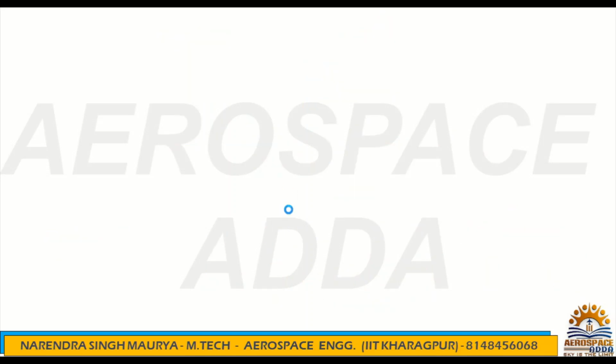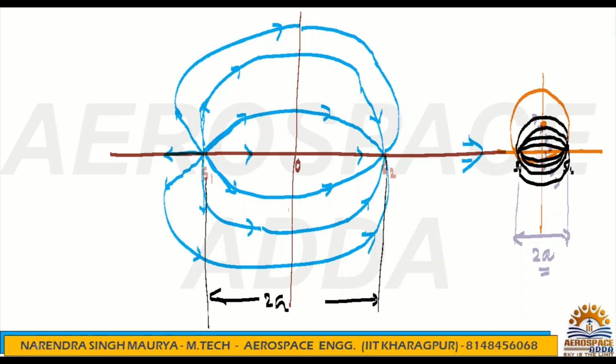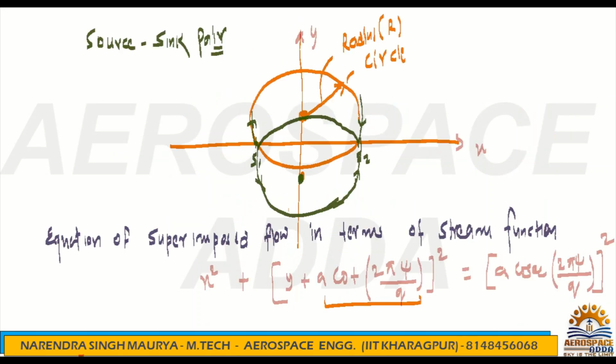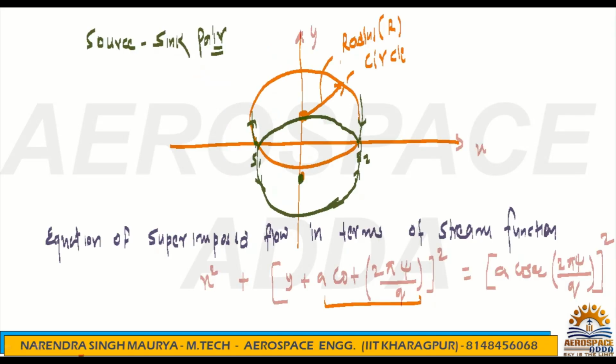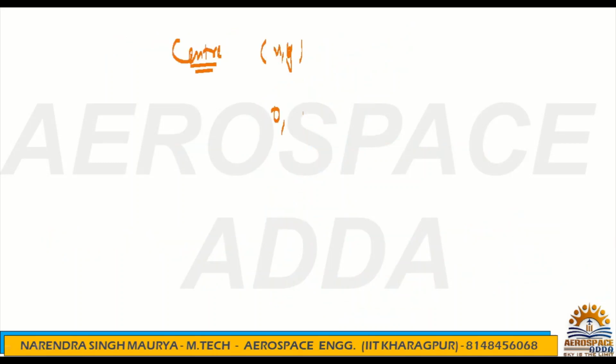If you see the particular diagram, you will understand here. So x will be 0 for the center, and y is nothing but, as I told you, for the upper side circle it will be positive and downside it will be a negative y value. So I can write plus minus a cot(2 pi psi by q).